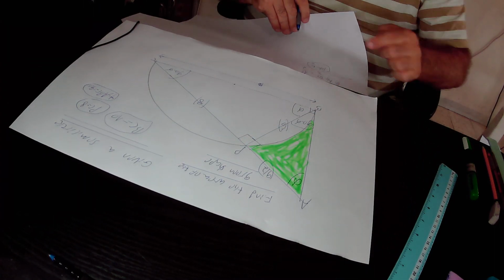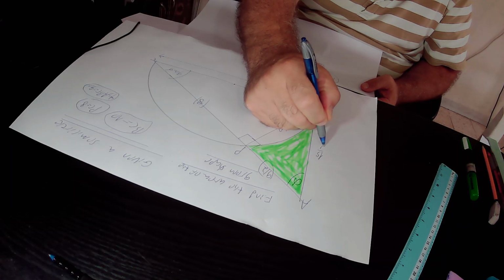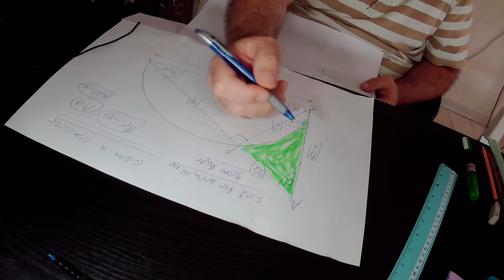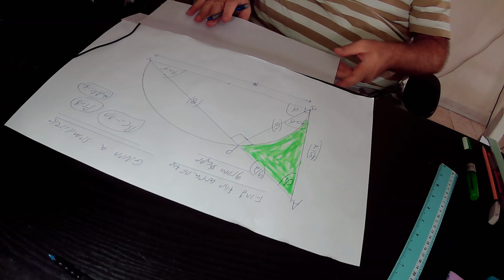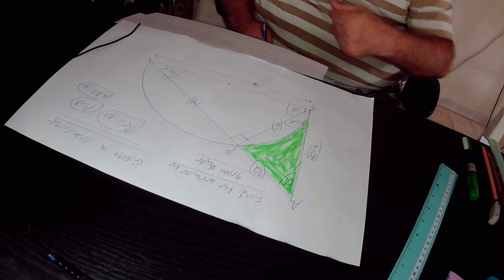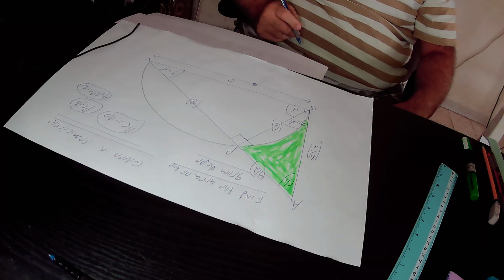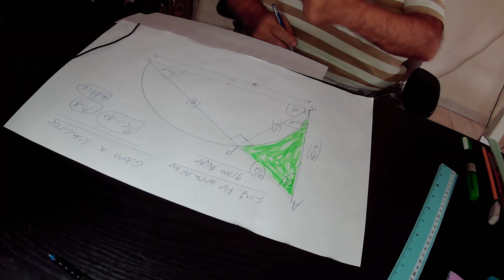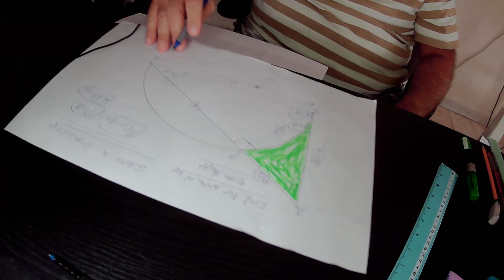This is side AB, which equals 15 halves in its length. In the next step, we define the center of this semicircle. This point is point O, and the diameter of this circle, BC, equals 10.